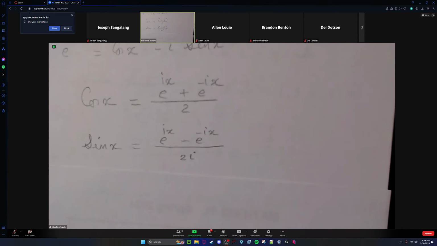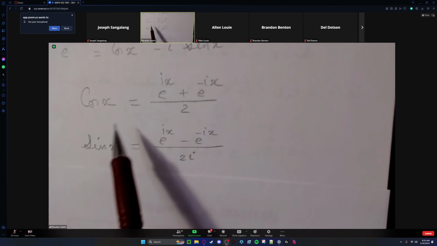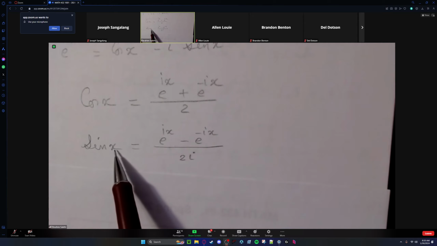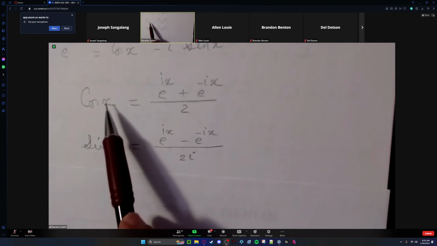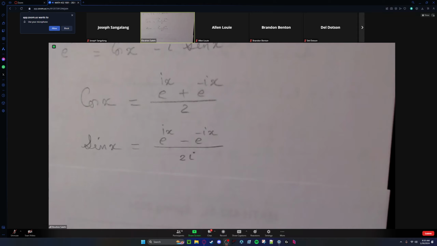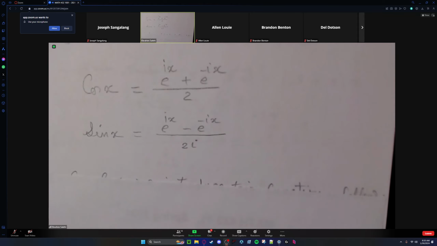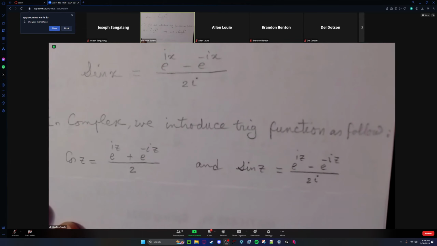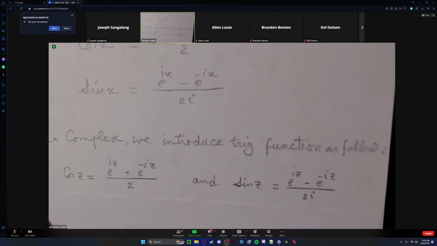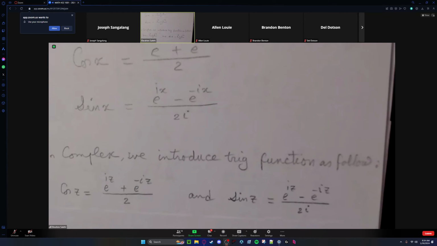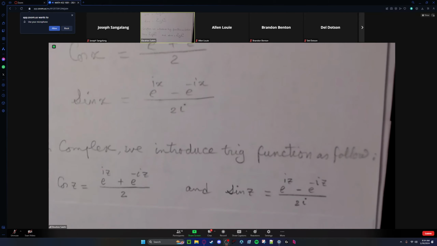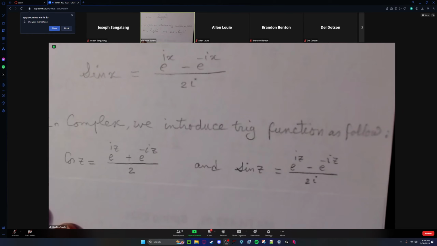As I mentioned last time, we are going to follow exactly these two identities. Also, although here x is a real number, we will follow it by a complex number. So we will define cosine z and sine z, all right, exactly the same way, just replacing x by z.